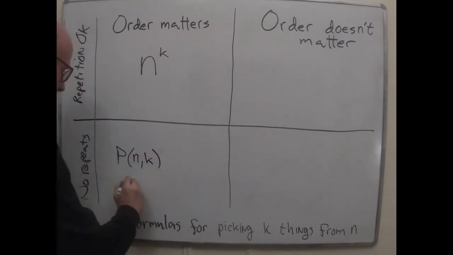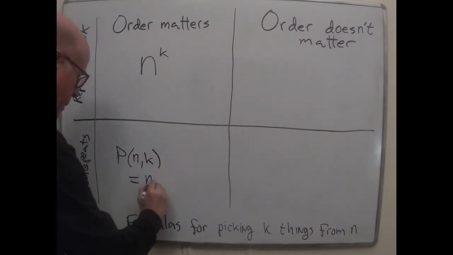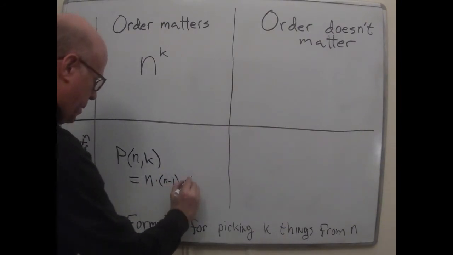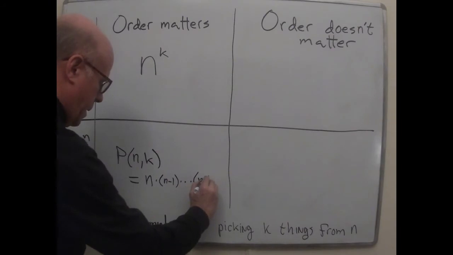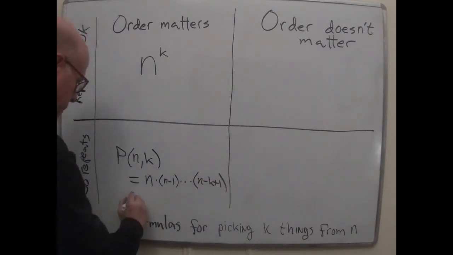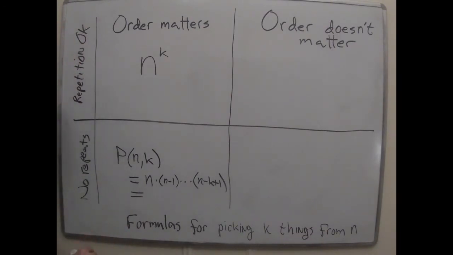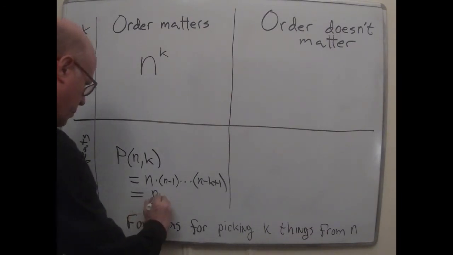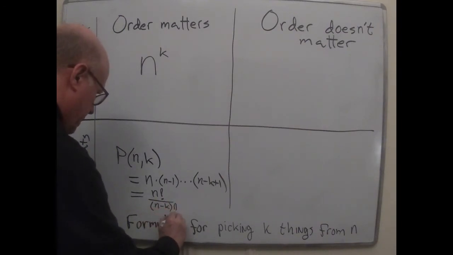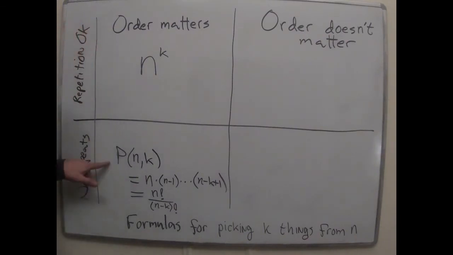If you expand it, it's n times n minus 1, etc., down to n minus k plus 1. And that led to the easy formula that it's n factorial divided by n minus k factorial. But we'll just call it P of n,k. Cool.